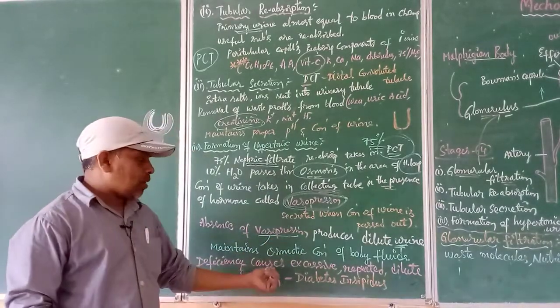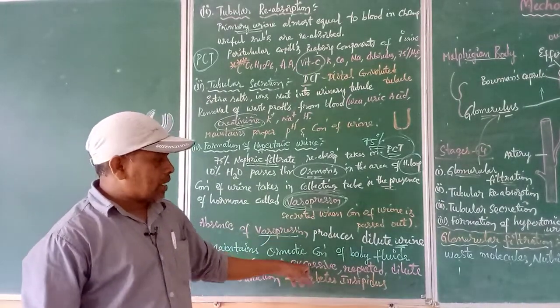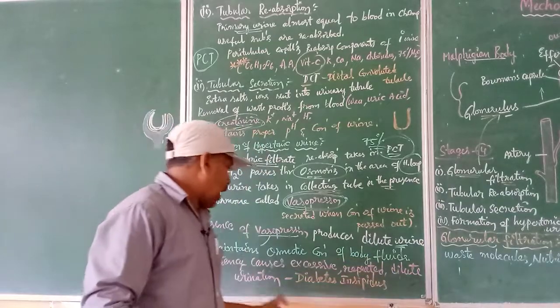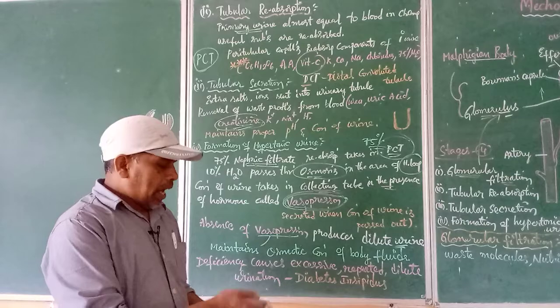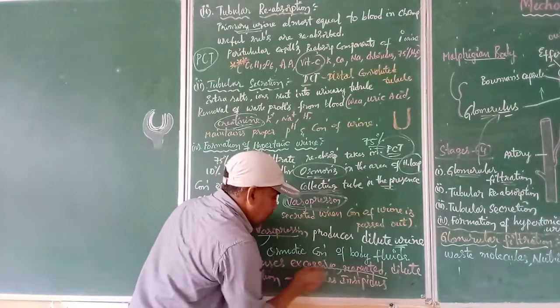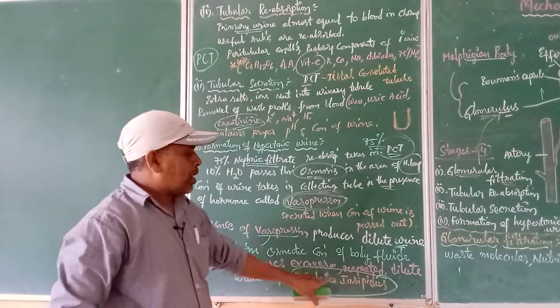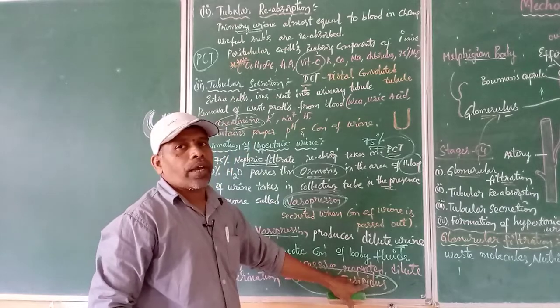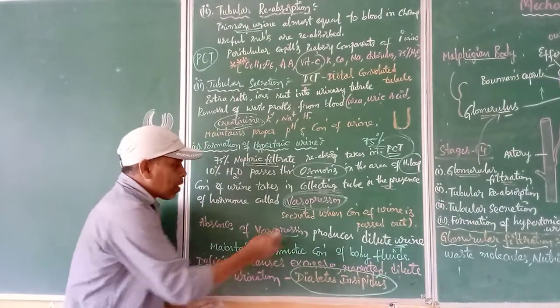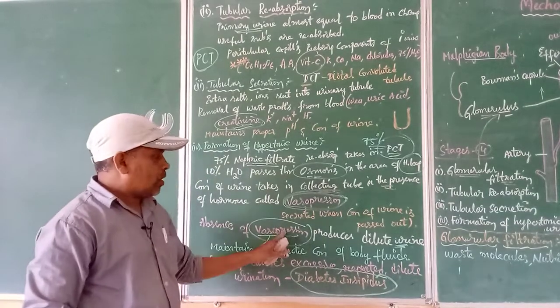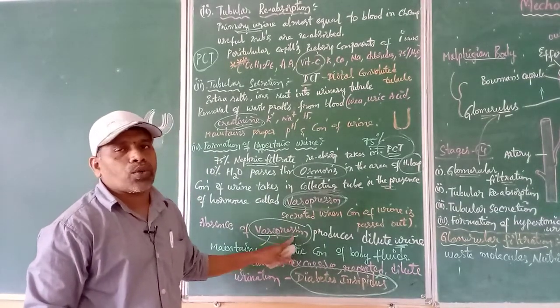Deficiency of this causes excessive, repeated and dilute urination. Passing of the urine is called urination, and its absence leads to a diseased condition called diabetes insipidus. This is caused because of the absence of the hormone vasopressin. It helps in controlling the flow of the urine from our body.